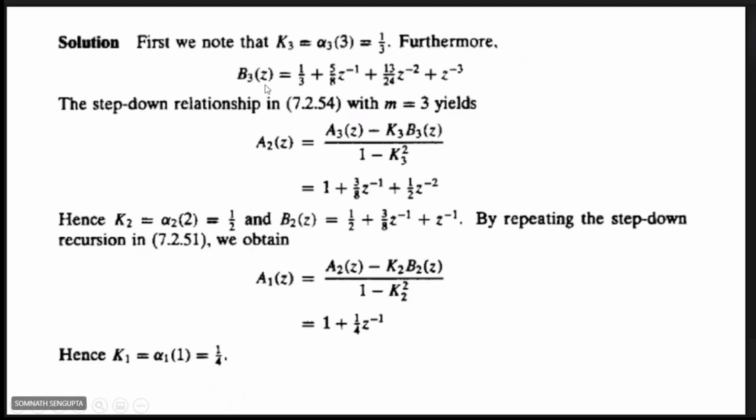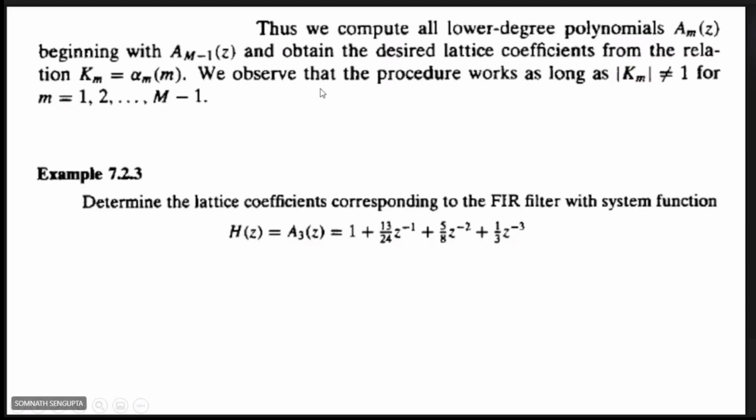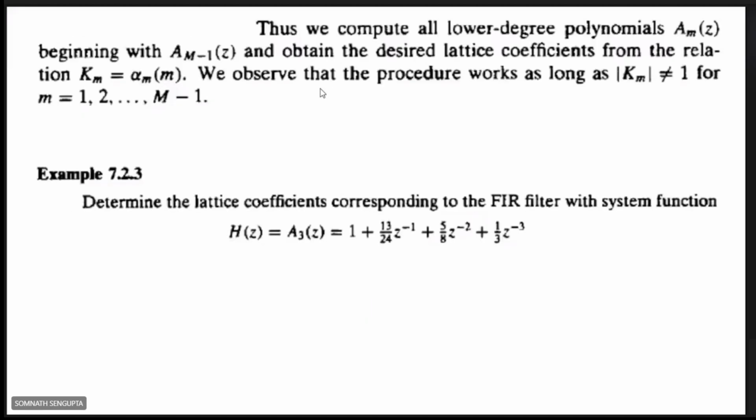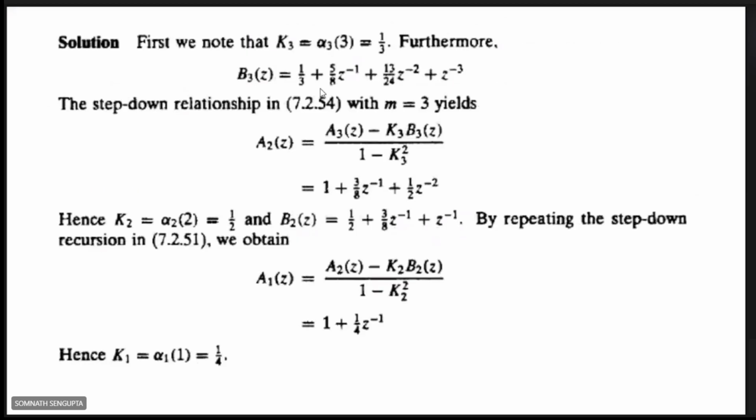Then from there we calculate B3z. B3z is the reverse polynomial of A3z. So it is 1 by 3, 5 by 8, 13 by 24, and z to the power minus 3.